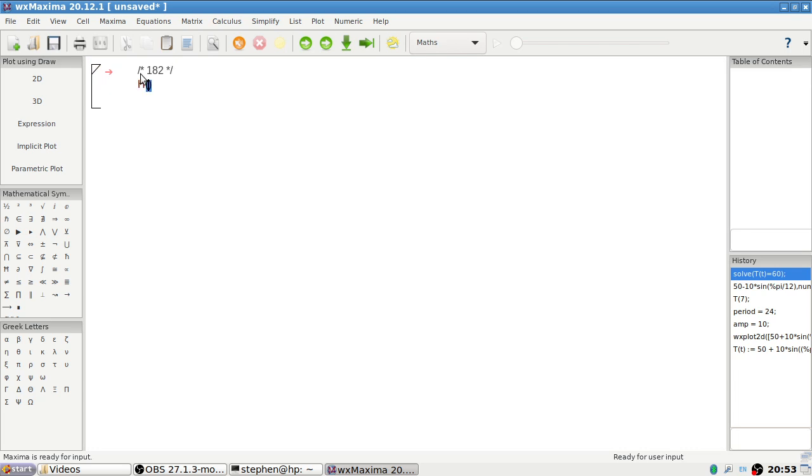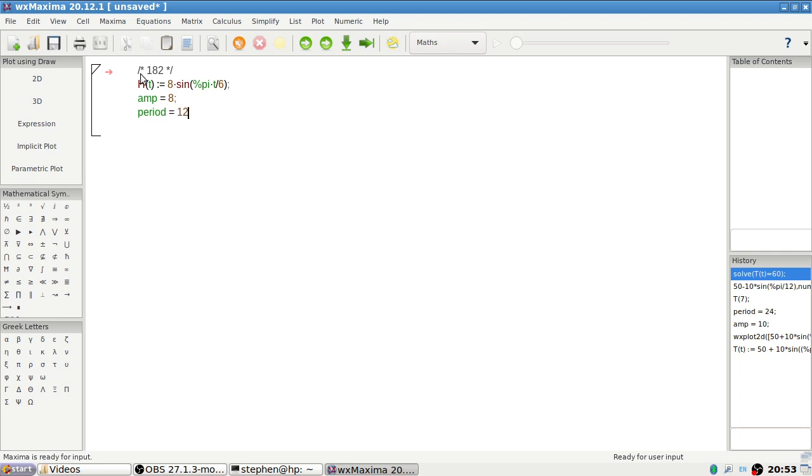Okay, function now, h of t is 8 times sine pi t over 6. H is the height in feet of a tide t hours after midnight, assuming that t equals 0 is midnight. Find the amplitude and period. Oh, this again. Amplitude is 8. Period is 2 pi over 6.